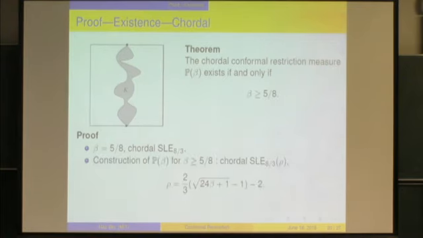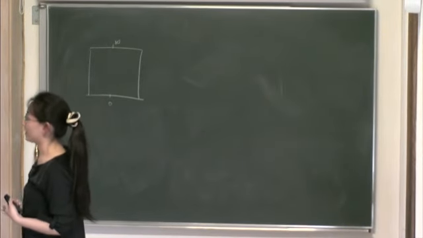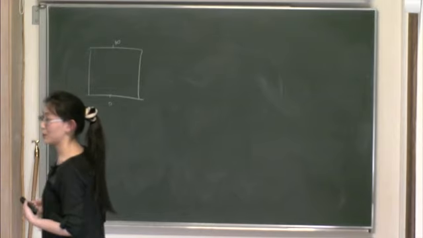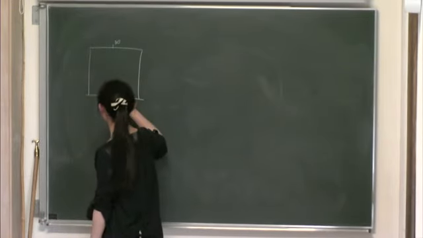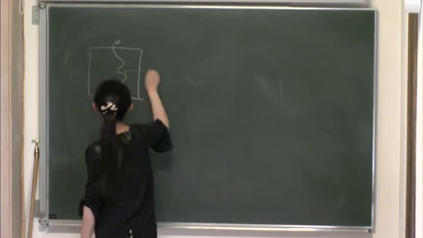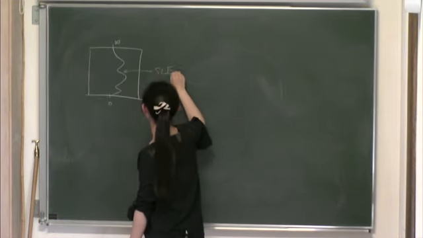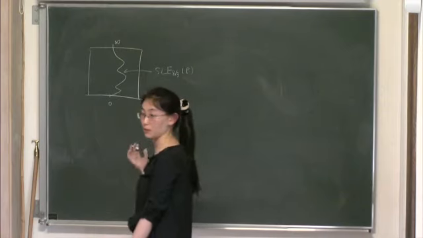Next, for beta strictly greater than 5/8, we can construct the random set in the following way. As I said, when beta gets bigger, the random set will become fatter. So for a bigger beta, we can construct this random set in this way. We first sample its right boundary. The law of its right boundary is an SLE 8/3 rho process for some positive rho. So here we can say that the right boundary will be a little to the right.